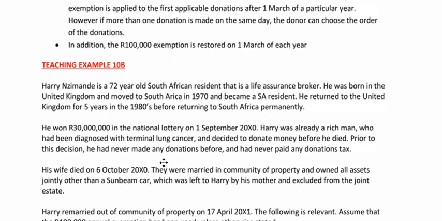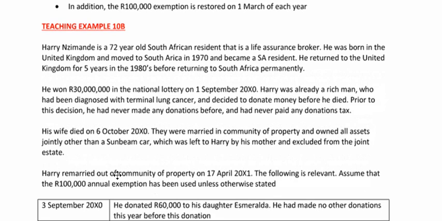So this asset won't be split because his mother specifically said it can't be split. It says Harry remarried out of community of property on 17 April 20x1. The following is relevant. Assume that the 100,000 annual exemption has been used unless otherwise stated.